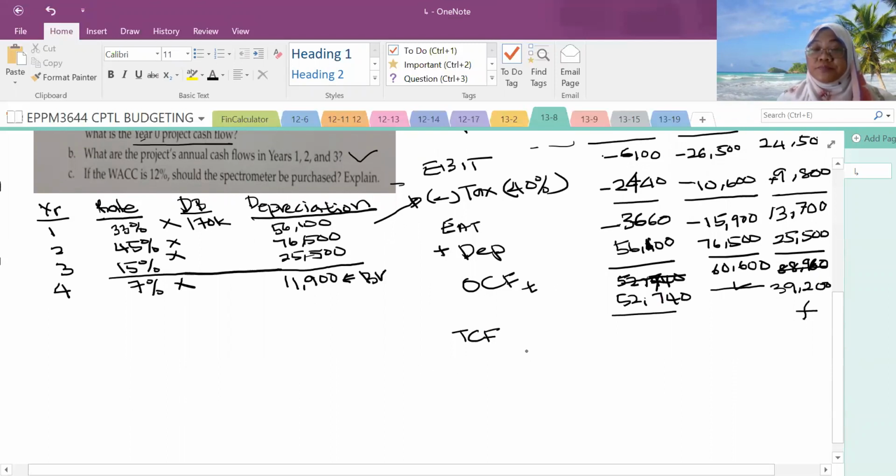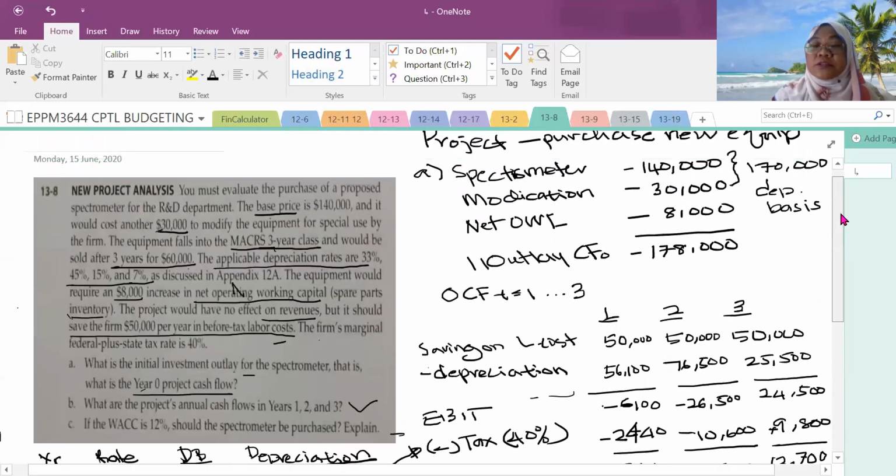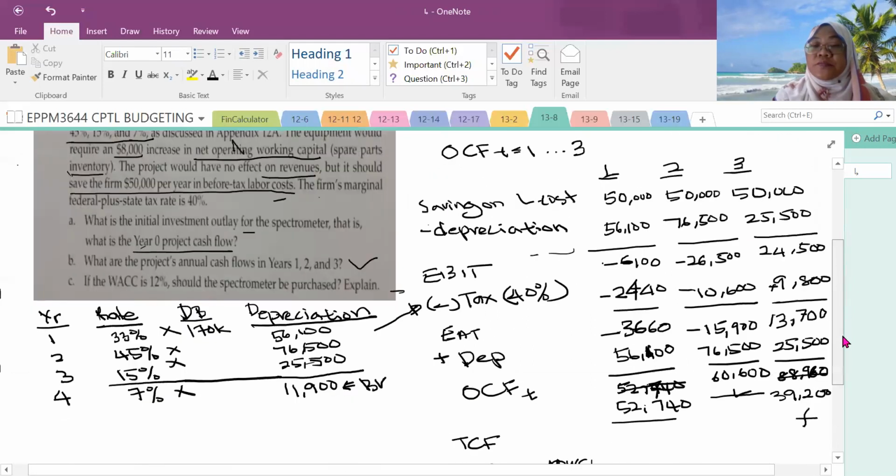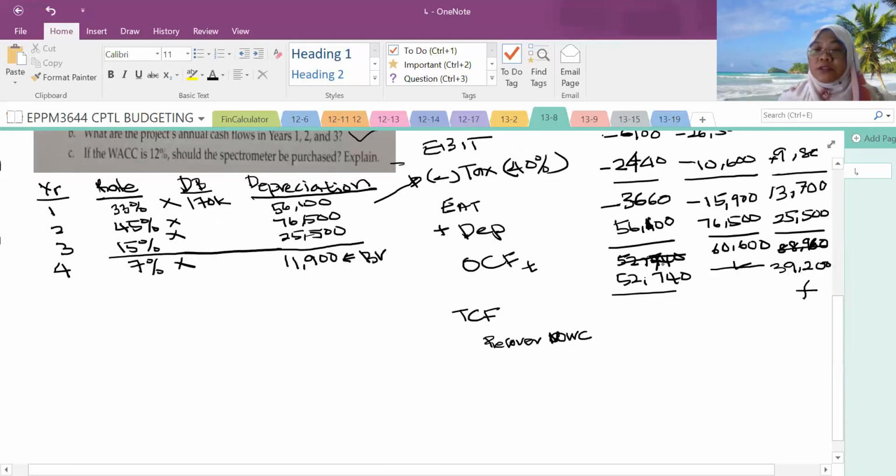First, make sure you recover the net operating working capital, right? Which in this case is this 8,000. You will recover completely. So you have 8,000.